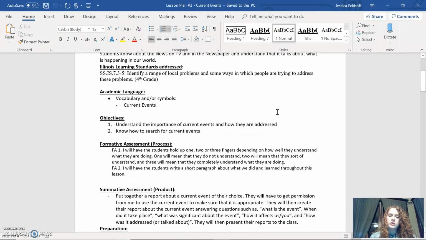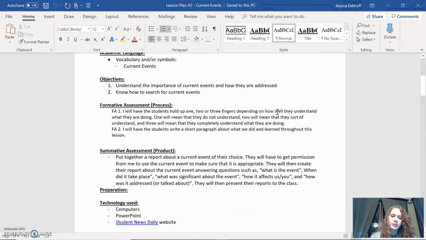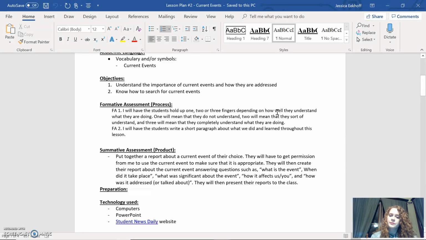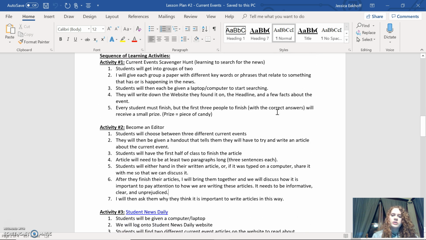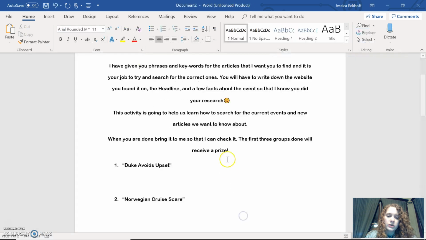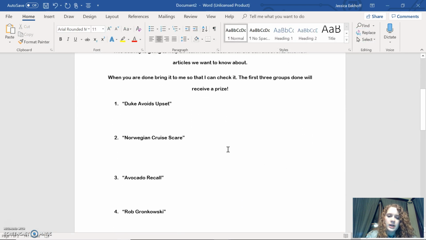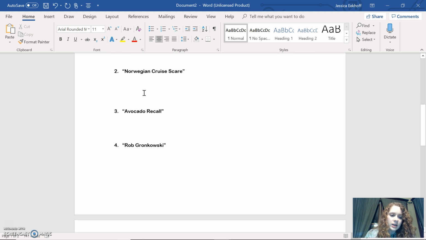I chose to focus on why current events are important, and how they are addressed is important to pay attention to as well. Some of the assignments I chose to give the students was a scavenger hunt, where I will put them into groups, and they will have this paper right here, which will give them these phrases or keywords that they'll have to look up to find the article or current event that I want them to.